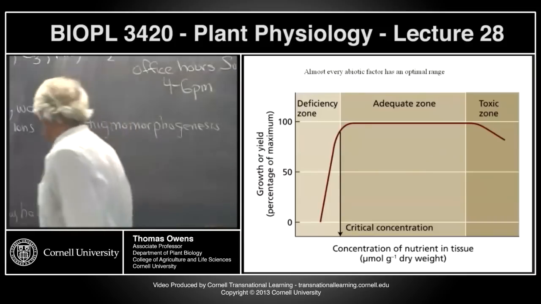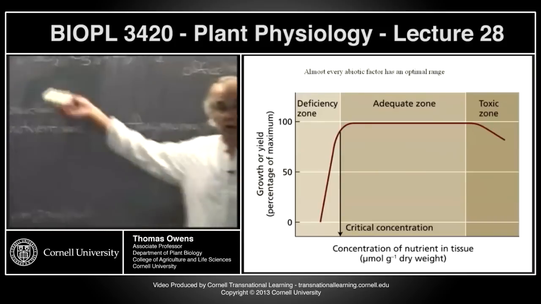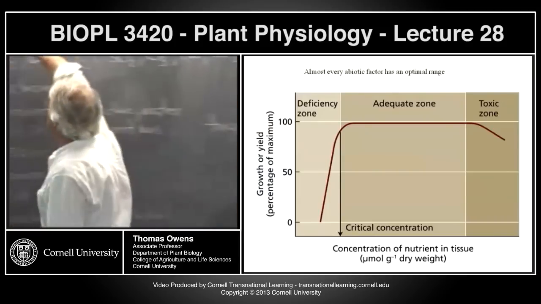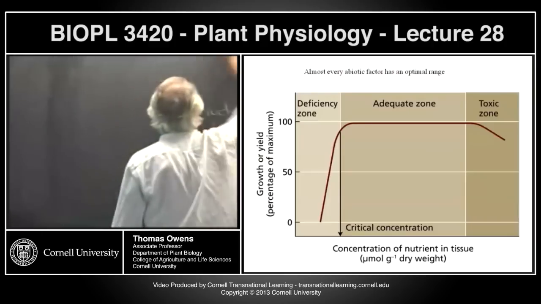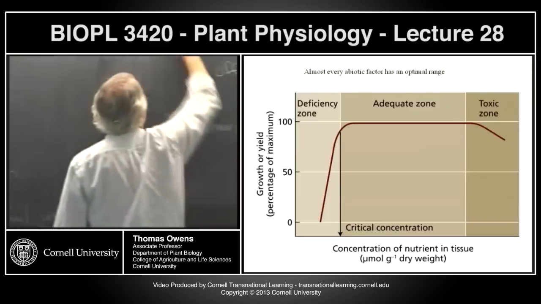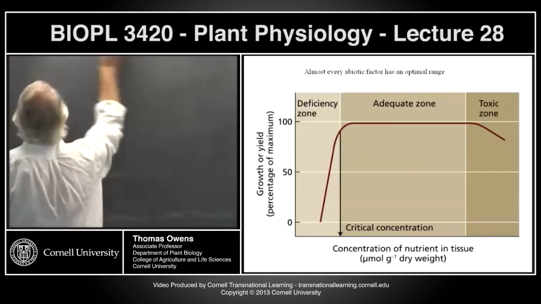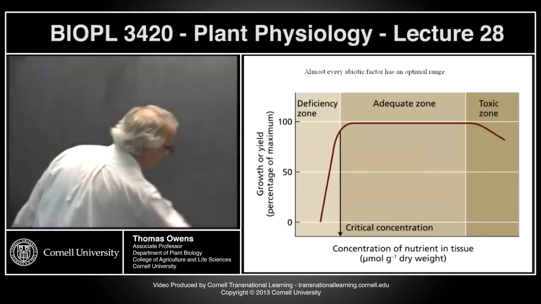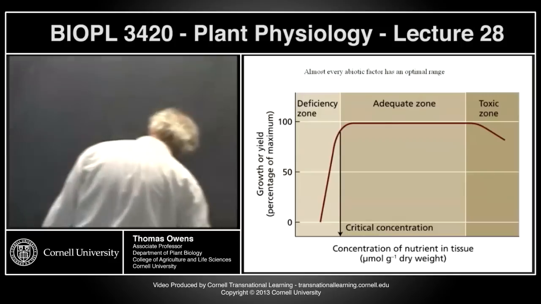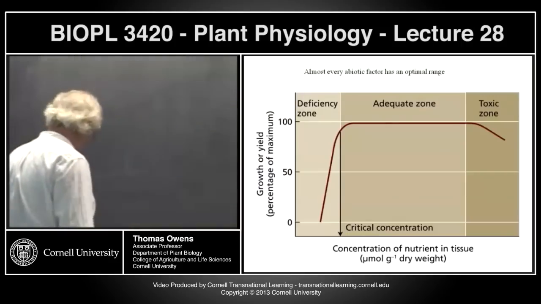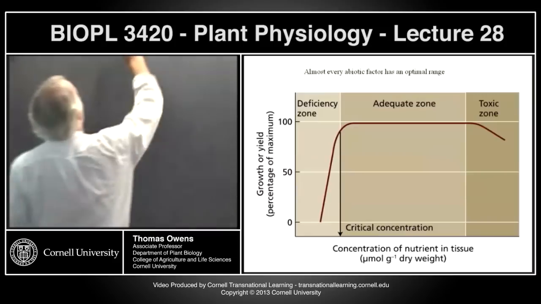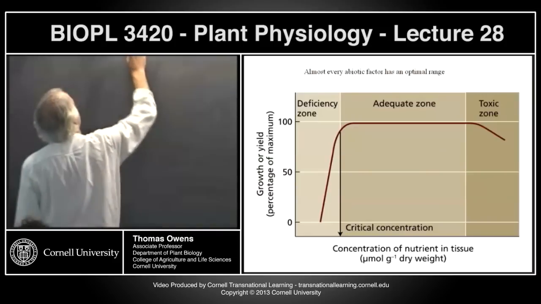Okay, so let's think about now. We've got a whole list of things that can cause stress. Let's think about how plants respond to them, again, in the most general way. And although the textbook only sort of does this, I want to break this discussion up into 3 categories. I want to talk about immediate responses.